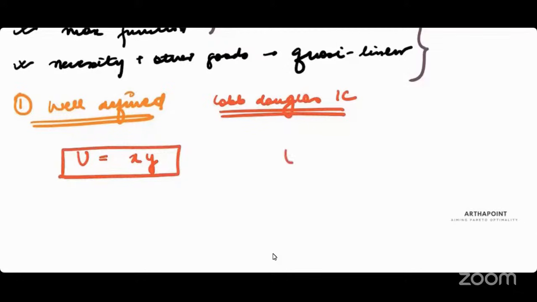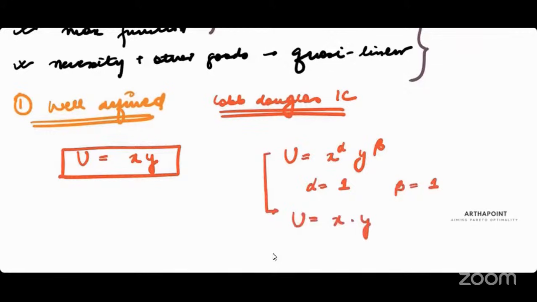You can very well have U is equal to X to the power alpha, Y to the power beta, and alpha and beta can take different values. Here, alpha is taking the value 1, beta is taking the value 1. So your utility function really is simply X Y. But it may not always be the case.